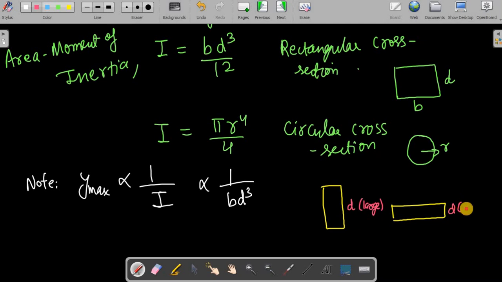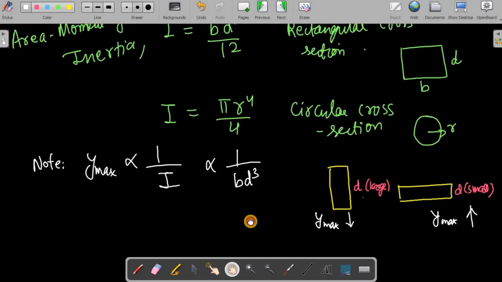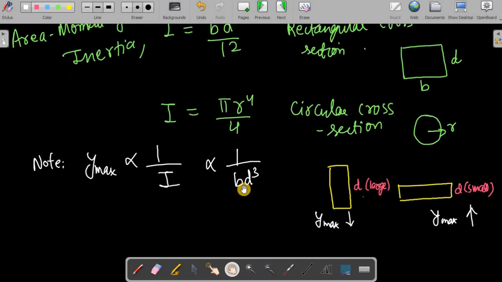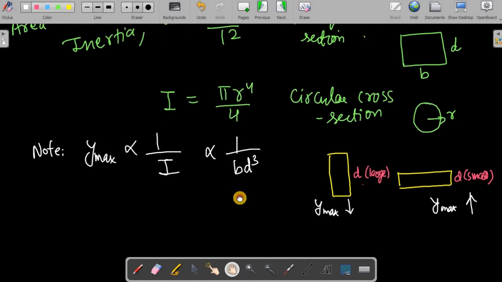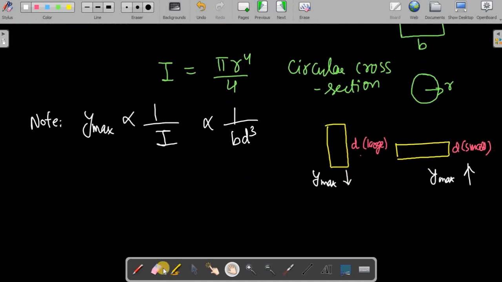In this particular case where D is large, the maximum deflection y max is going to be less, but in this case y max is going to be large, isn't it? Of course the other factor B also matters, but let us say B is constant.